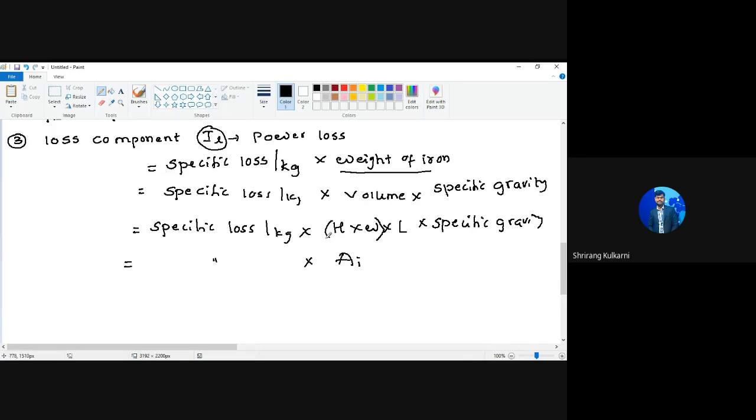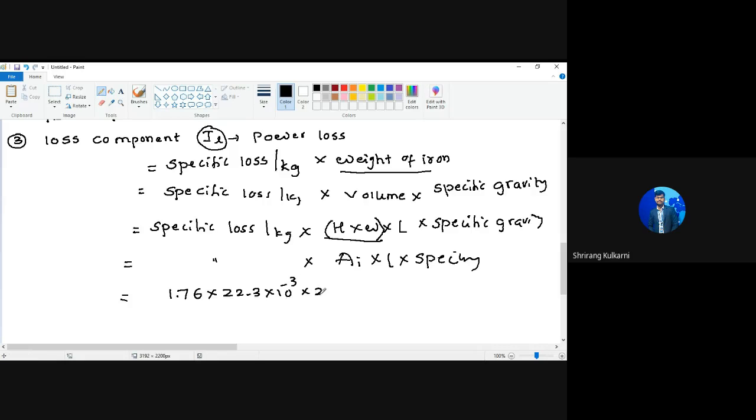So in place of height into width, you write Ai. Length is given, mean length is given. You can substitute that. Specific gravity is given, specific loss is given. Substitute all values and get the answer. The specific loss value is 1.76. Ai value is 22.3 into 10 to the power of minus 3.